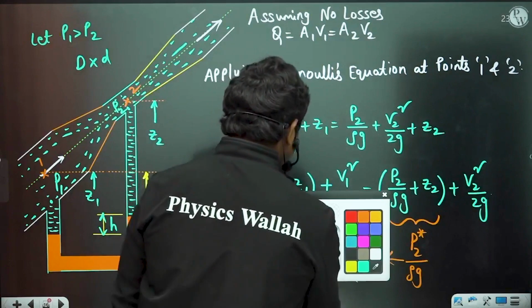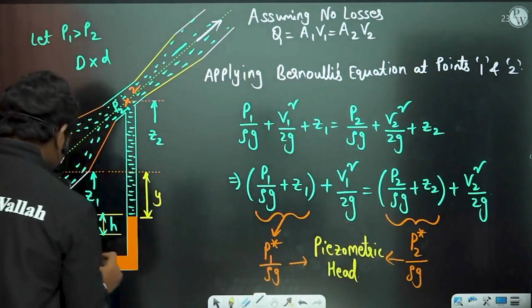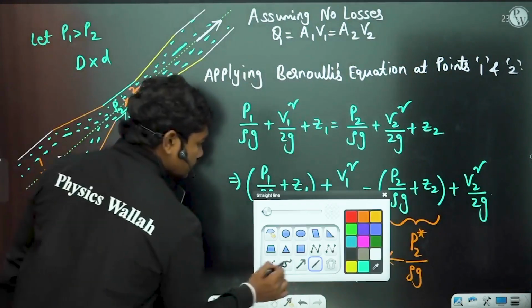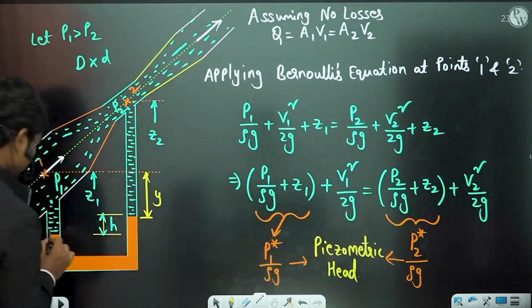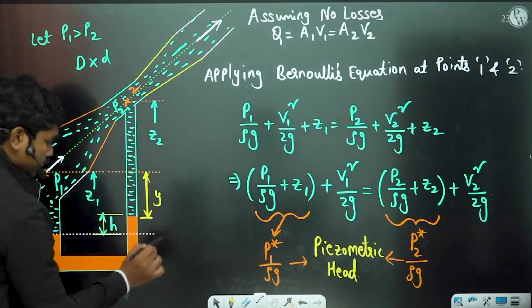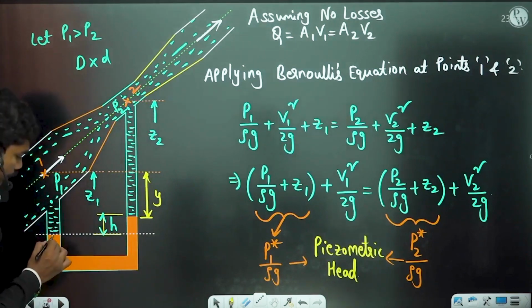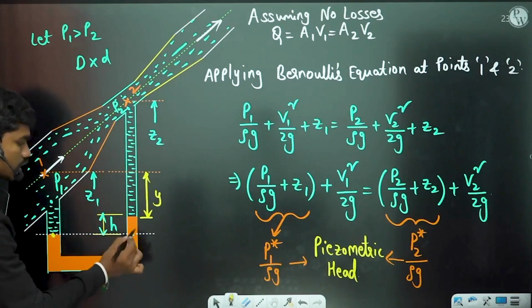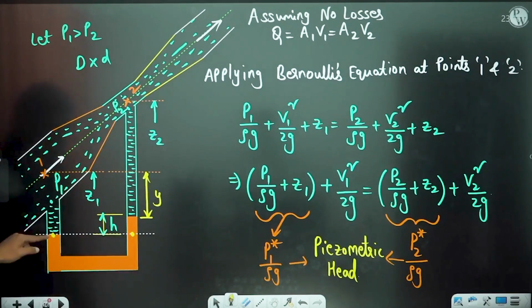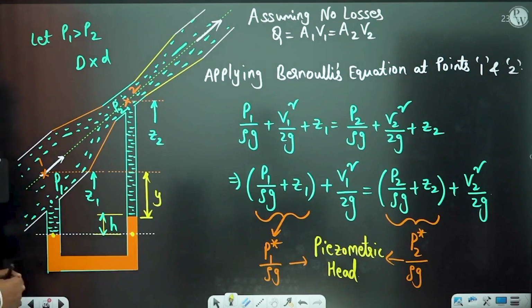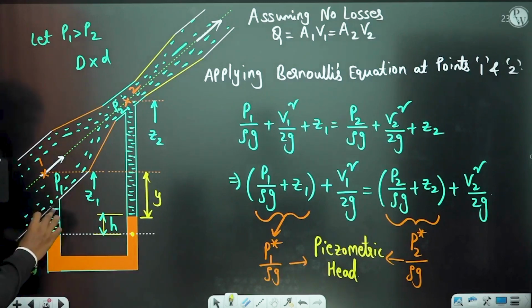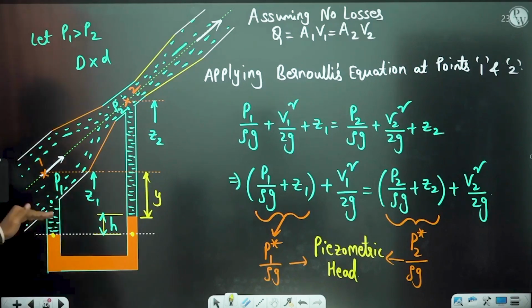If you take this as your reference section, the pressure at this location and the pressure at this location should be the same, correct? So what is the pressure at this location? P1 plus some height, for example this height we have taken. What is this height we have taken?